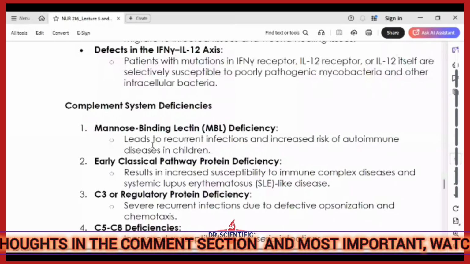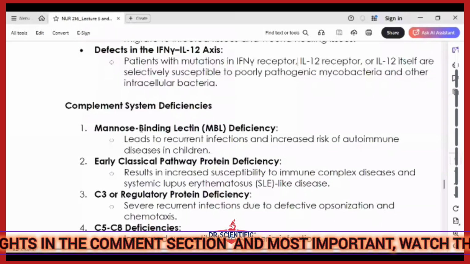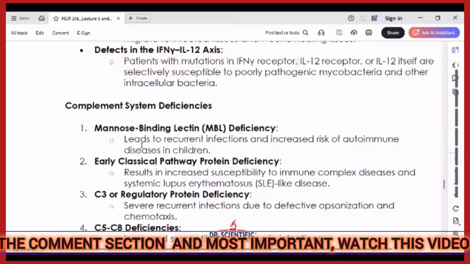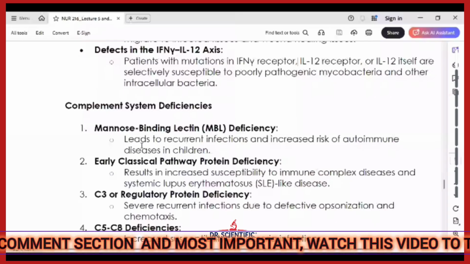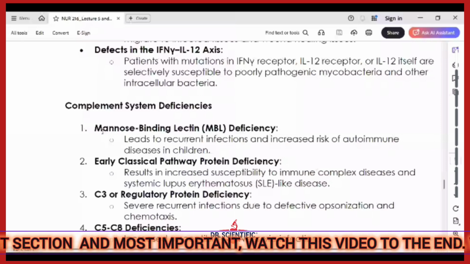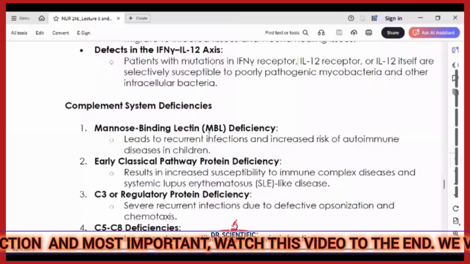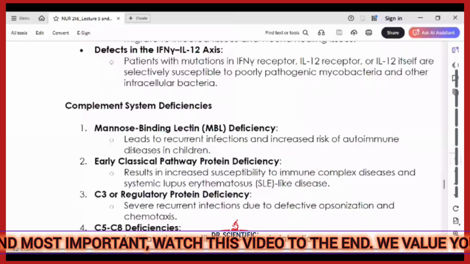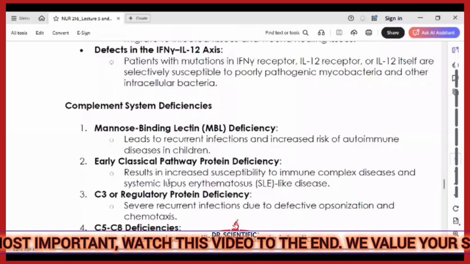So, mannose binding lectin deficiency. This mannose is present, of course, on bacteria in most cases, or the causative agent, but it needs its receptor.